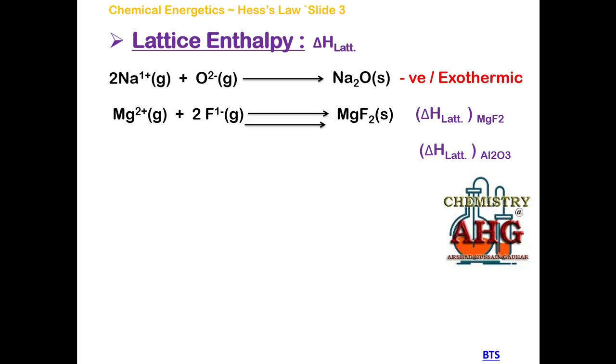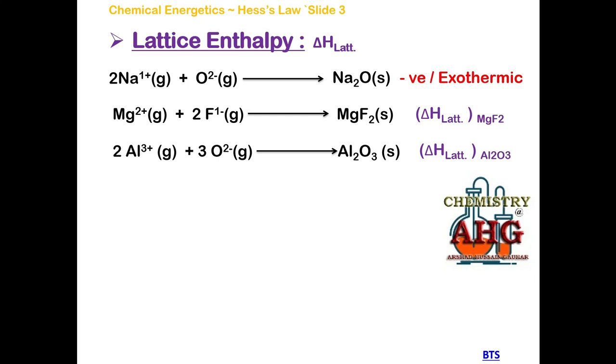When you combine 2 moles of aluminum ion and 3 moles of oxide ion, they combine together to produce solid ionic lattice of aluminum oxide Al2O3. This is lattice enthalpy. I hope students you have understood what is lattice enthalpy, and in A levels you are supposed to remember the lattice enthalpy that shows bond formation, that is exothermic.